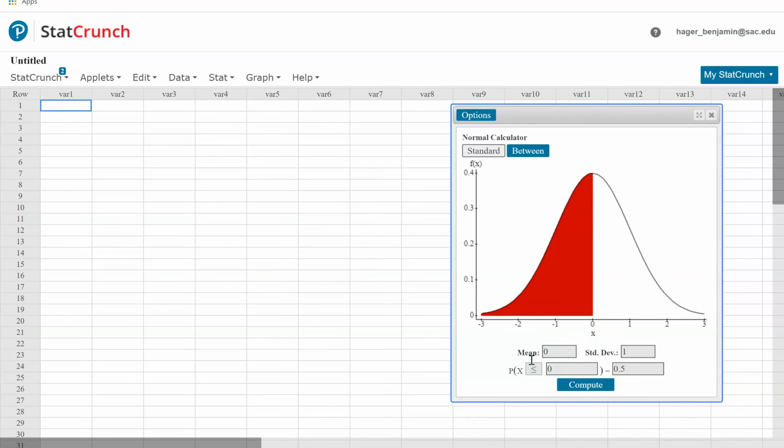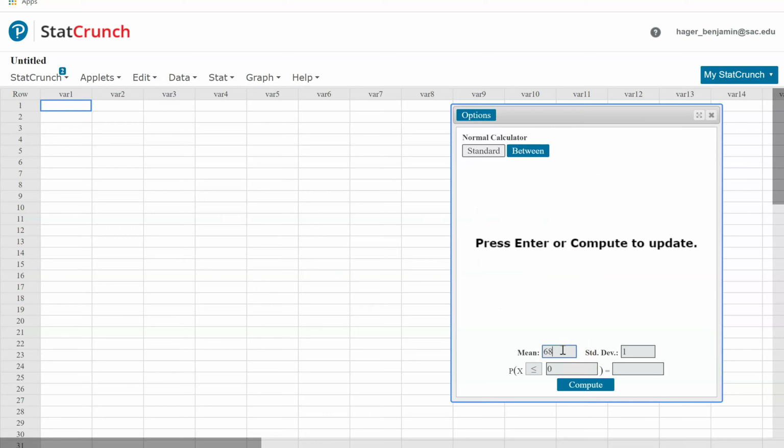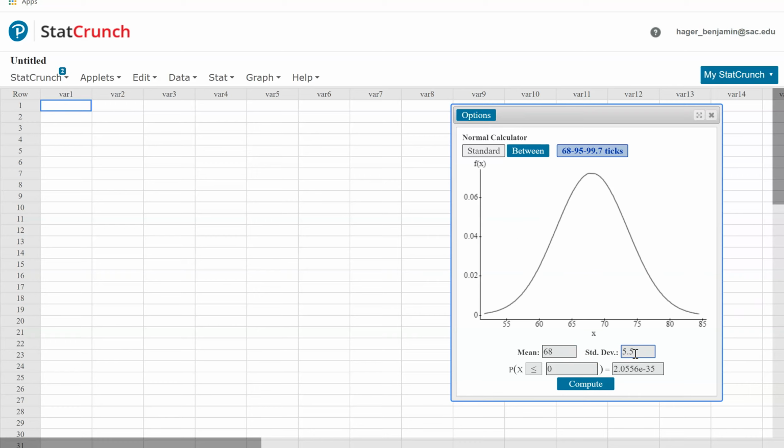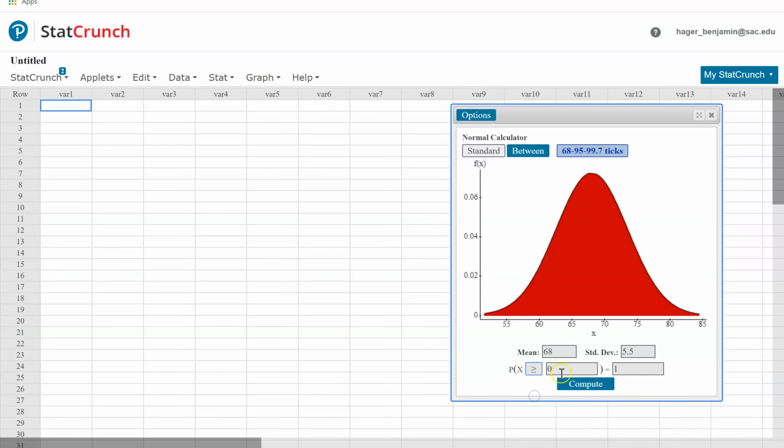Our test scores had a mean of 68, and the standard deviation for our test scores was 5.5. And I'm trying to find the probability of getting data values greater than 60. That looks like our picture, right? We want to know what's the probability of being greater than 60. All these people passed.